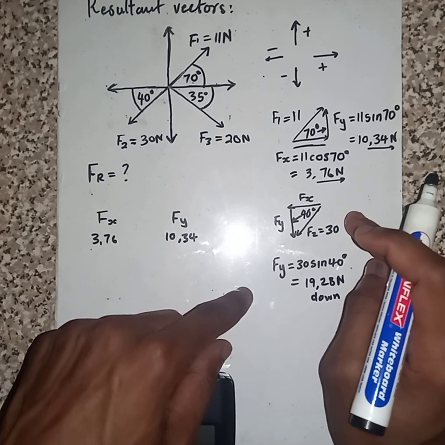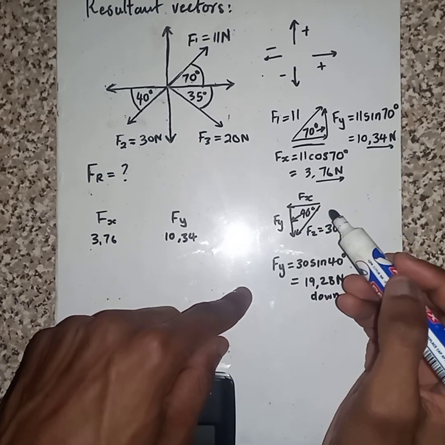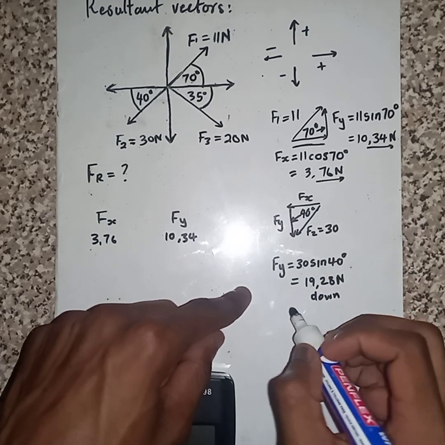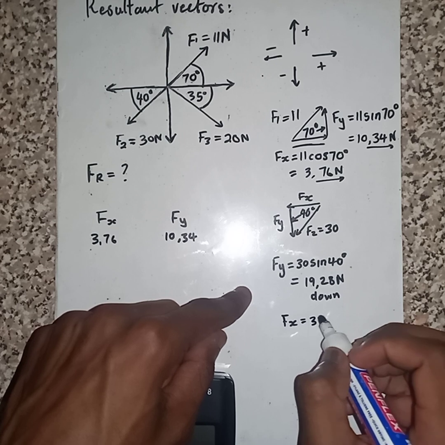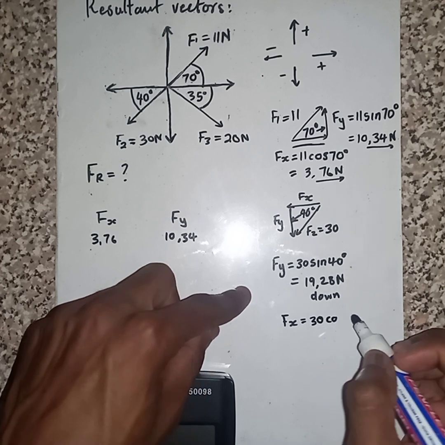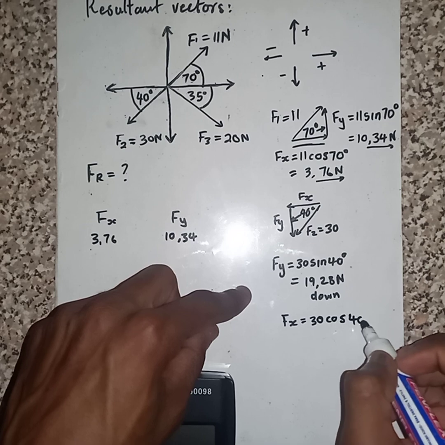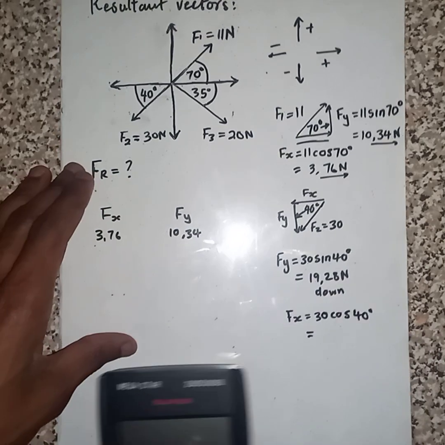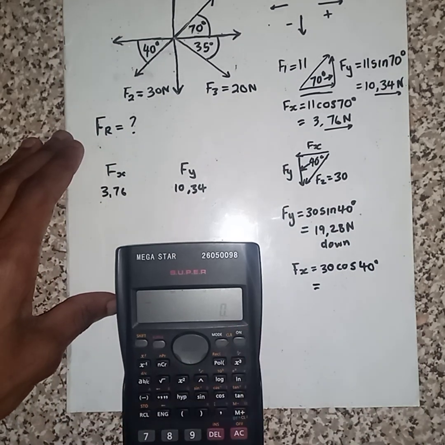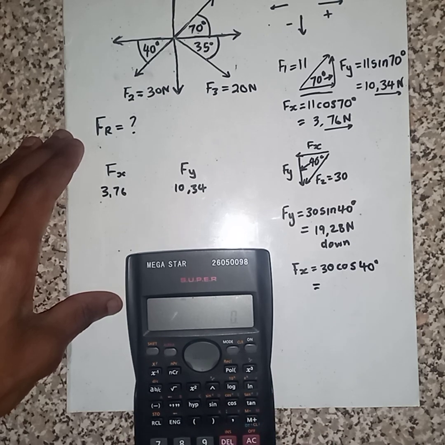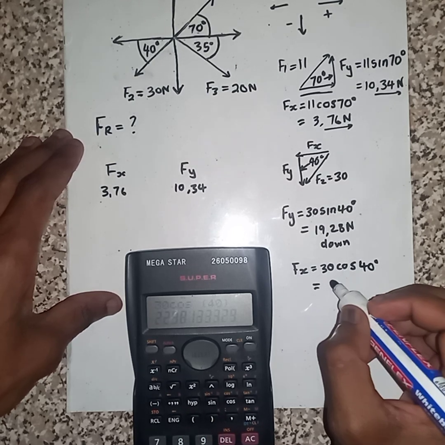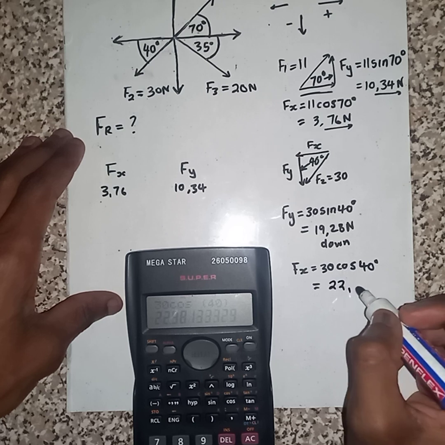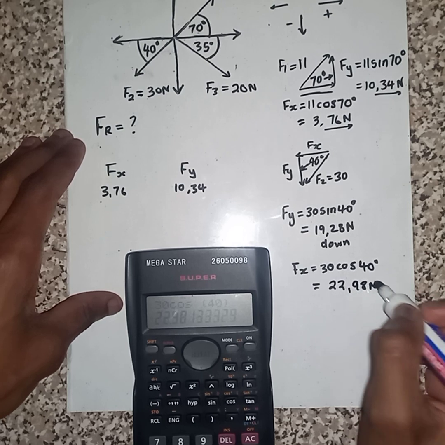Now, to get Fx, clearly we are going to use cos, which is Fx equals 30 cos of 40 degrees. Let's see what we get. 30 cos of 40, we get 22.98 newtons.